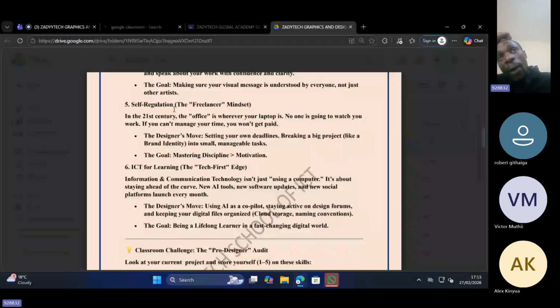When you are given work by your client, make sure that you do it early enough. Be self-accountable. Set your own deadlines, breaking a big project like a brand identity into small manageable tasks so that you can beat the deadline. You can work within the shortest time possible so that you submit the client's work on time.